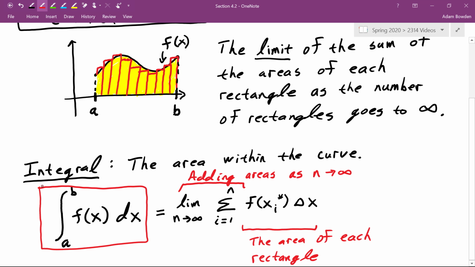This particular notation right here, we're not really going to look at the limit and the summation and all these things to do the calculation. We're going to learn about rules that allow us to calculate the so-called integral, which can always be connected back with the area contained within the curve.